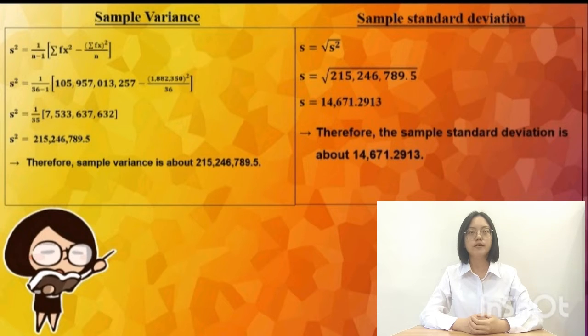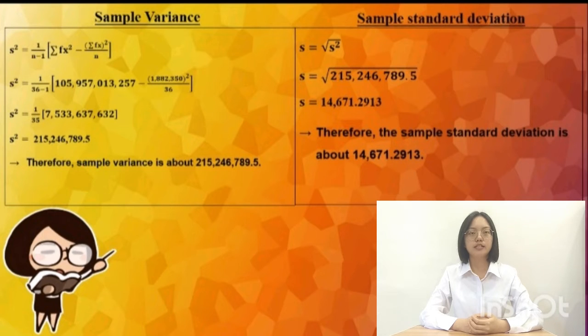The equation of sample variance is S squared equals 1 divided by n minus 1, multiplied by the bracket, which is the sum of total fx squared minus the sum of total fx, squared, divided by n. The answer is 215,246,789.5. For sample standard deviation, its equation is the square root of the variance.